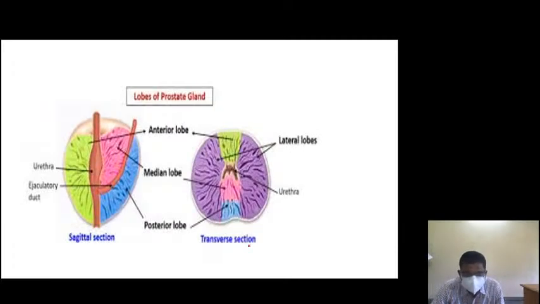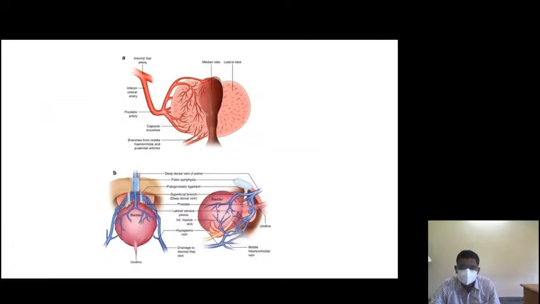Now let us go into the blood supply of the prostate. Basically, the blood supply comes from the internal iliac artery. This internal iliac artery gives a major branch called the inferior vesical artery, which continues as the prostatic artery.